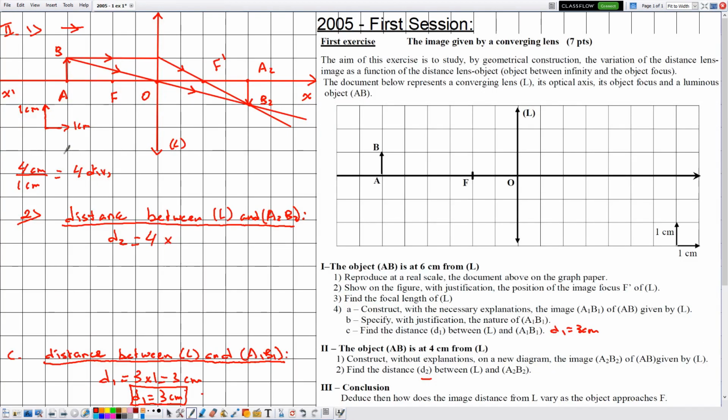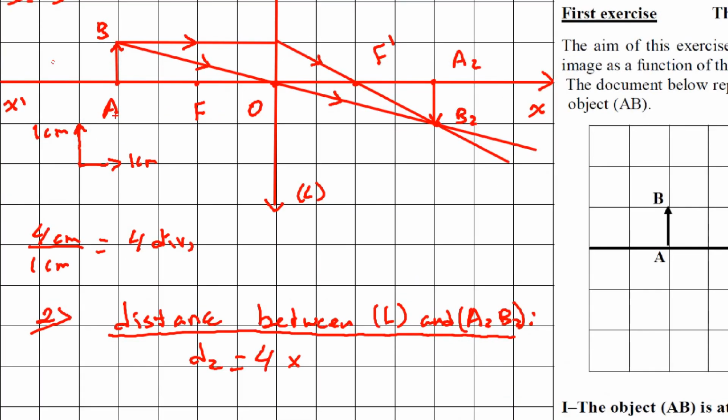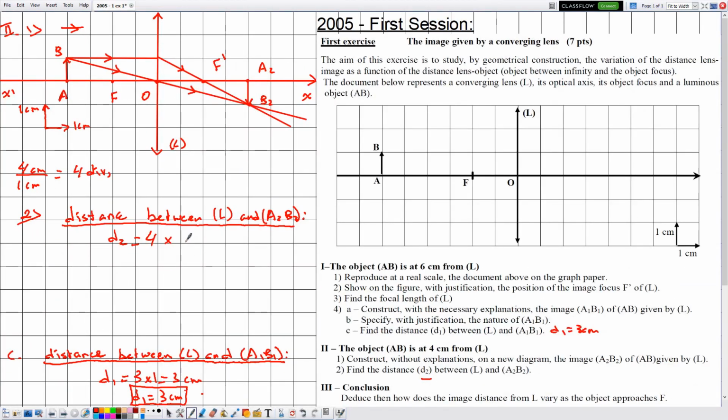And we multiply by the scale along which we have counted the number of divisions, which is the scale along the x-axis. This will give us 4. Since the scale is in centimeters, the value of D2 will be in centimeters. So the value of D2 here is equal to 4 centimeters.